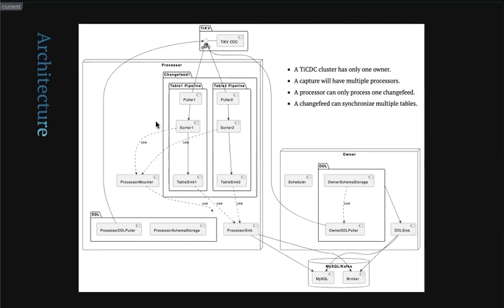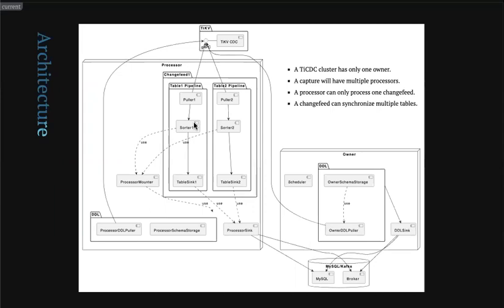We can see there are multiple pipelines in your processor. Each is only for one table, and each pipeline has 4 components. The first one is a puller. It's responsible for pulling data from TiKV, and the second one is a sorter.